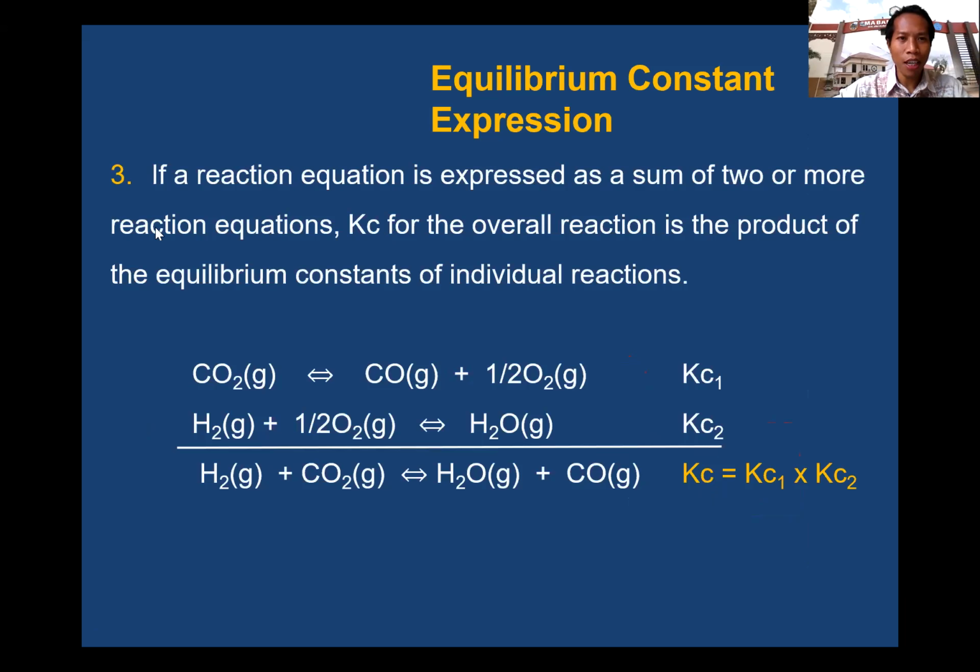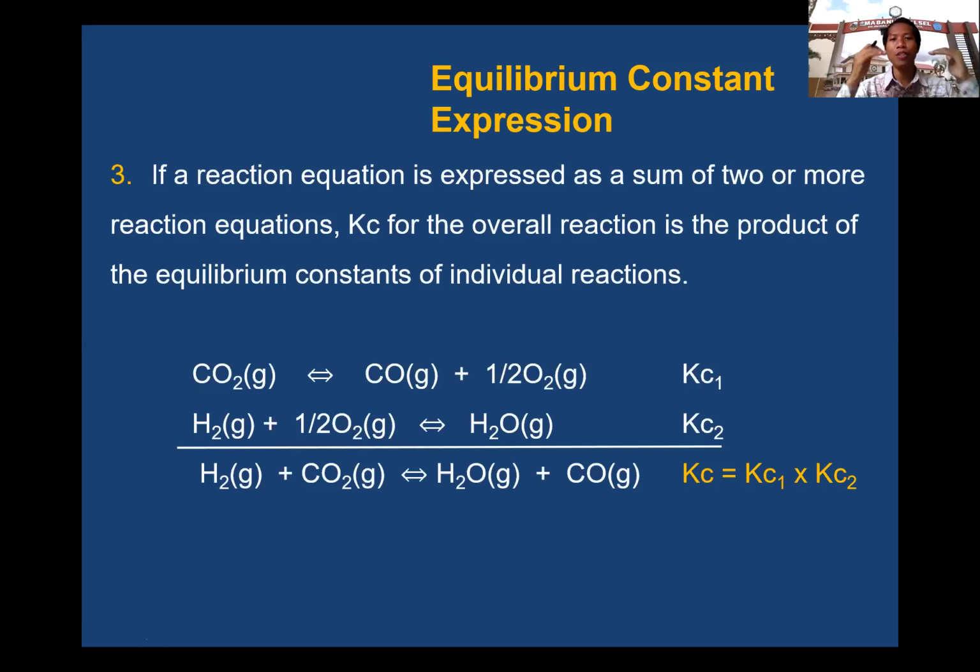This is number one, Kc variation. Remember, in the delta H, if you sum the reactions, what will be the delta H? The delta H also you will sum, right? The same. Here it is different. If a reaction equation is expressed as a sum of two or more reaction equations, Kc for the overall reaction is the product of the equilibrium constants of the individual reactions. In Kc, it is not the sum.